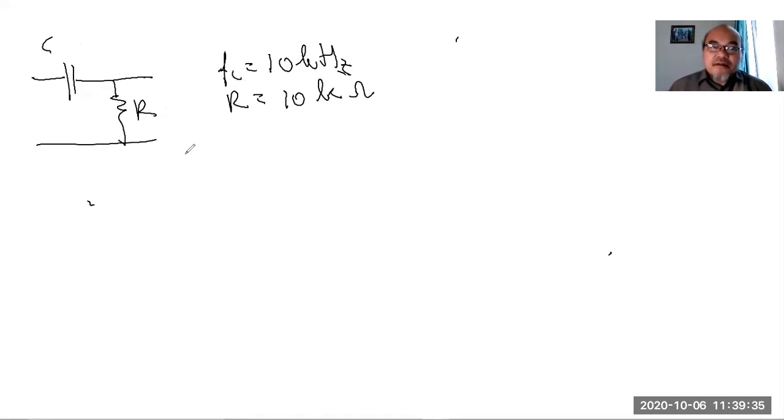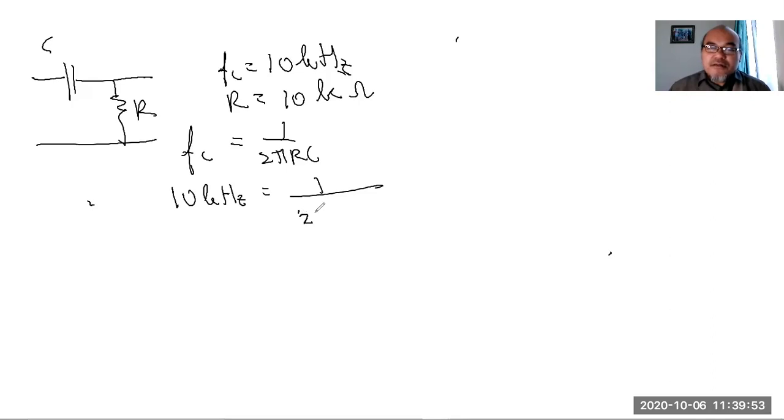So from the formula, Fc equals 1 over 2 pi RC. And here we design the cutoff frequency to be 10 kilohertz. So if we put into the calculation, 10 kilohertz equals 1 over 2 pi times 10 kilo ohm, or 10 to the power of 4 ohm, multiplied by the capacitance.